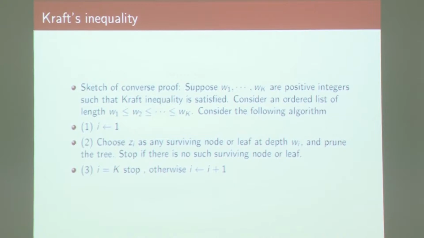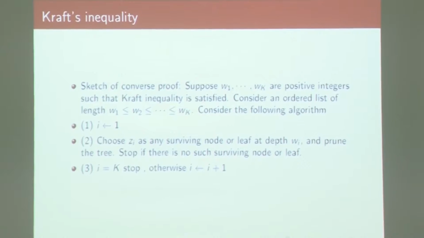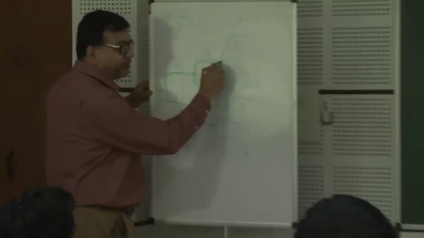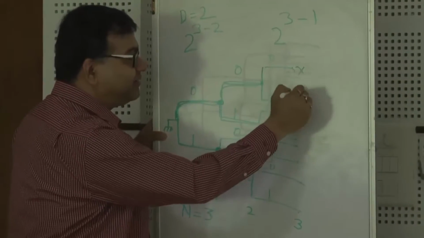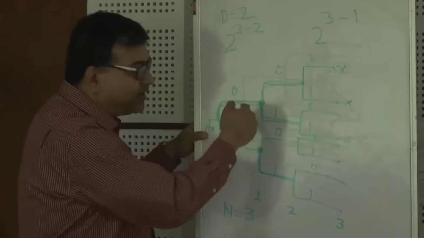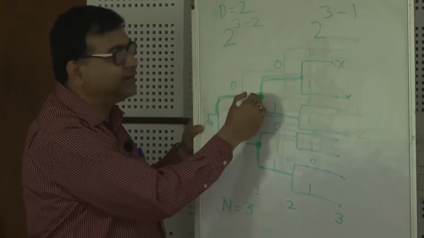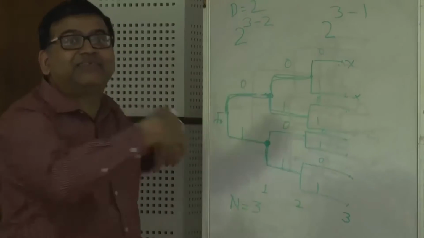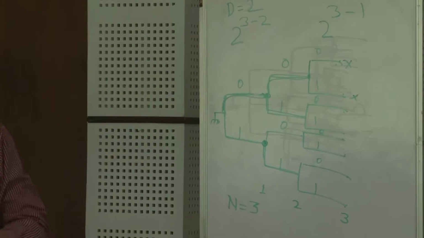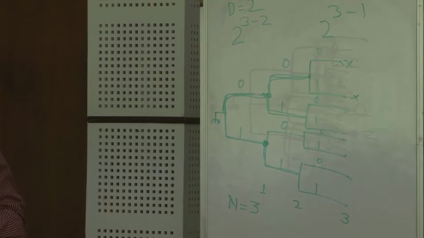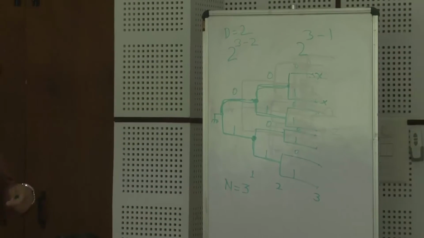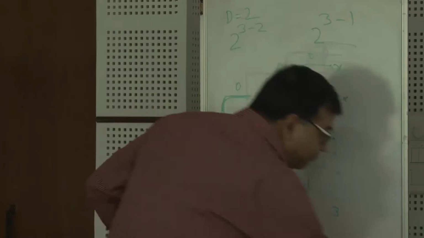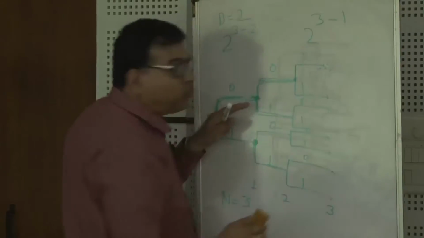Let us say I started with some length which mapped to here. I would have deleted these leaves, and if a smaller length came, let us say at depth 1, I would again be deleting the same set of leaves, which I want to avoid. So I am starting with the smallest depth.